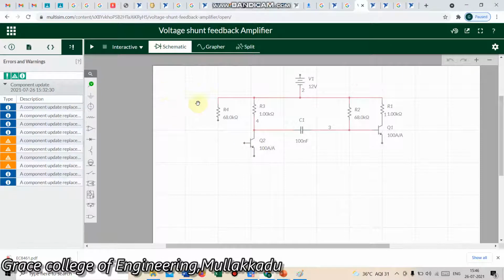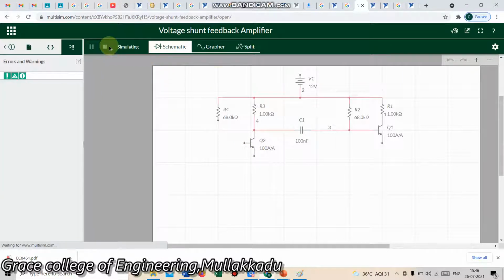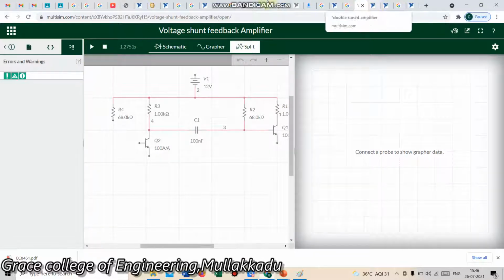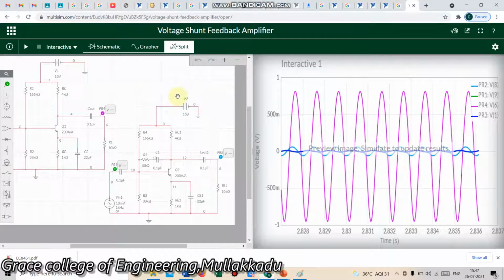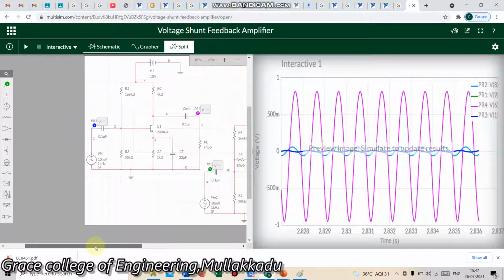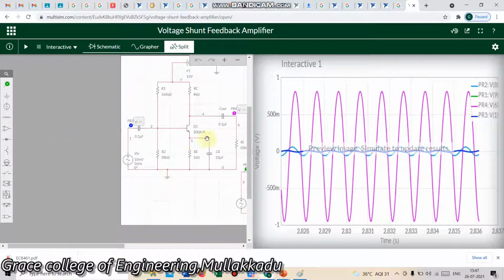See, this is the circuit diagram of the voltage shunt amplifier.